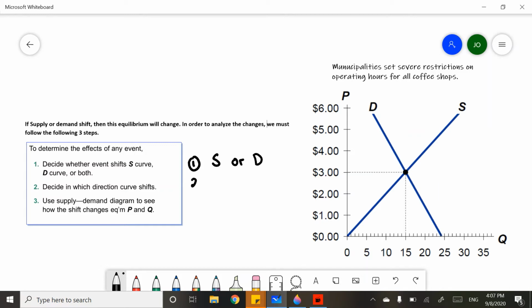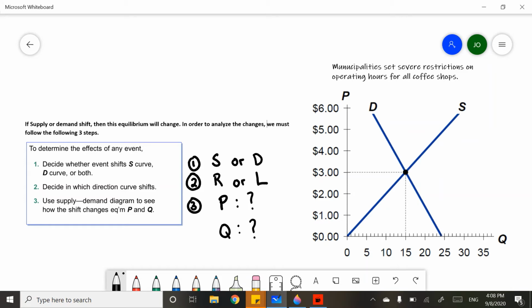So, to put it plainly, you're either going to shift supply or demand to the right if it's an increase in either, or you're going to shift it to the left. And finally, use the supply and demand diagram to see how the shift changes the equilibrium price and quantity. So, what we're going to do is figure out what happens to price and what happens to quantity.